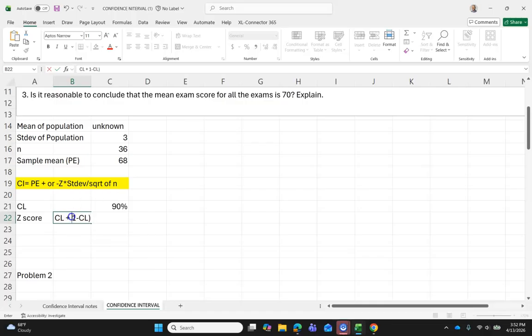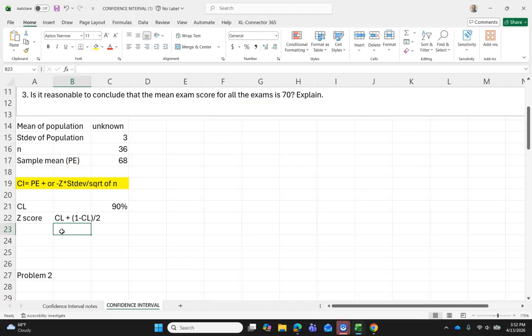Remember, we are dealing with two sides or two tails. So one tail will be divided by 2, giving one tail on one side and the other tail on the right side. So the left side and right side.